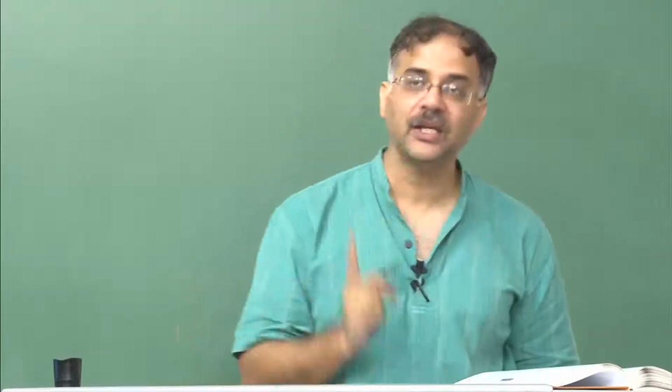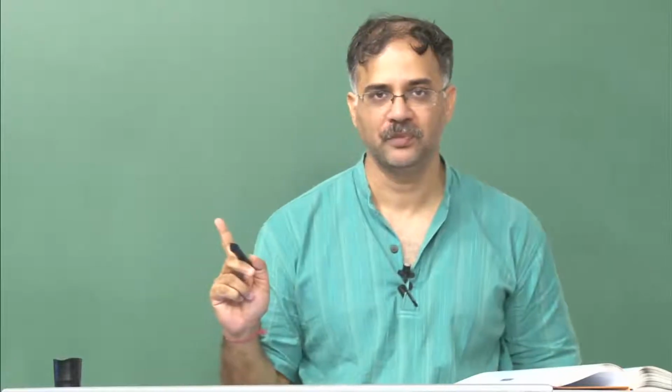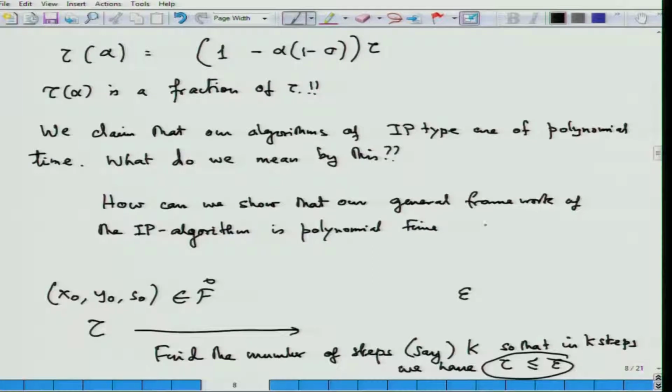You won't need anything much more. Such a thing cannot be guaranteed for the simplex algorithm, though it is amazingly effective in practice. So, tomorrow our first job would be to start with the proof of polynomial time.